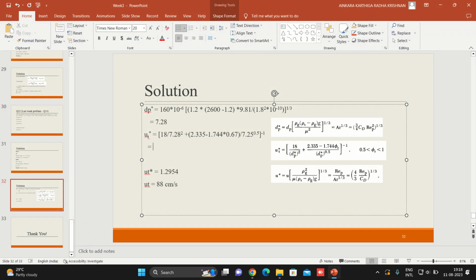What value are we getting? 2.335 minus 1.744 into 0.67, divided by 7.28 power 0.5, plus 18 divided by 7.28 square, power minus 1, gives 1.2938.